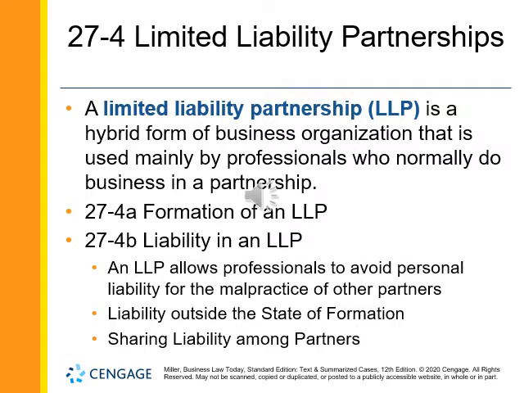When an LLP formed in one state wishes to do business in another state, it may be required to register in the second state. An LLP allows professionals, such as attorneys and accountants, to avoid personal liability for the malpractice of the other partners. A partner in an LLP is still liable for his or her own wrongful acts, such as negligence.